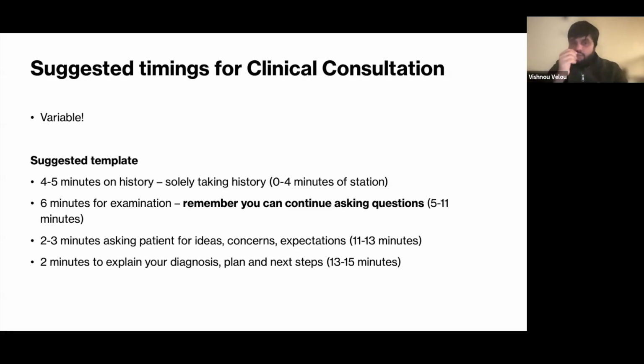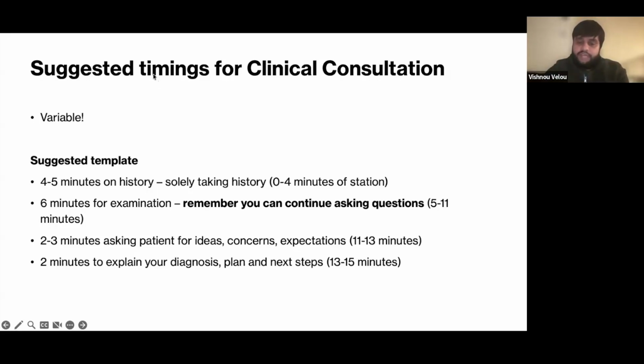Okay. So what you don't want to do is be in a situation where you've done your history, done your exam, and then you're still answering questions from the patient and you haven't really told them what the next steps are. Okay. So that would be an unfortunate, clunky end to a nice clinical consultation.